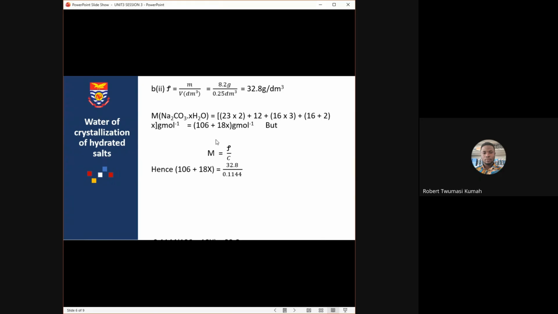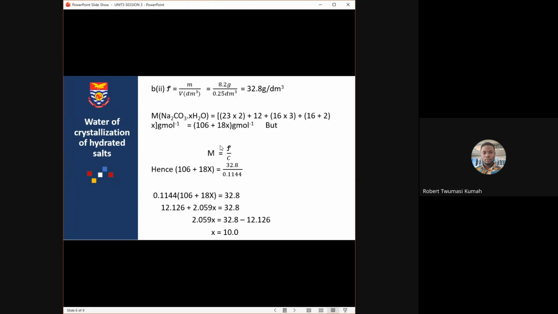So we now find the molar mass from there, that is, if we compute 32.8 divided by 0.114.